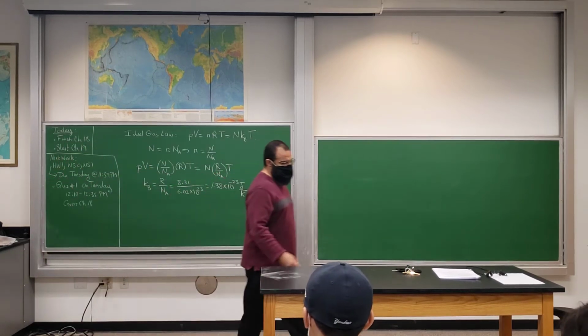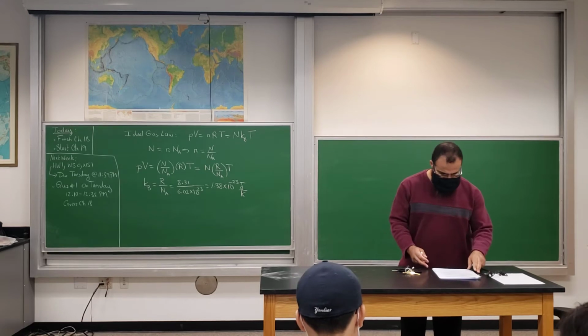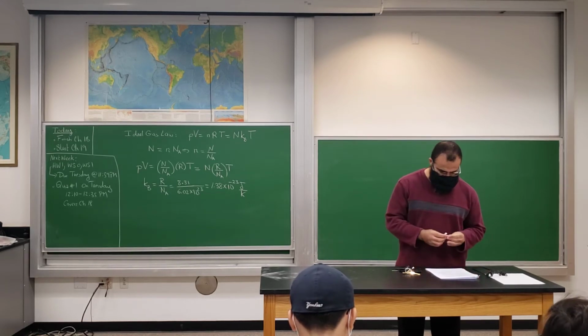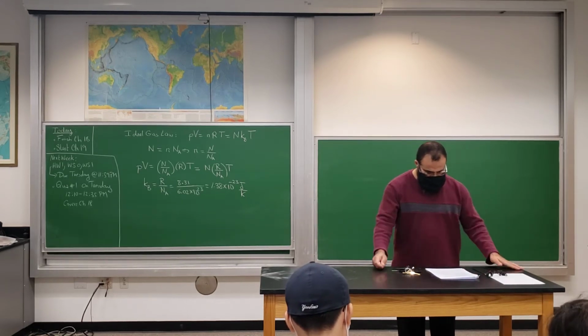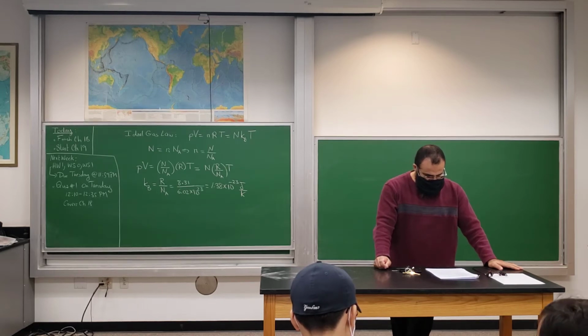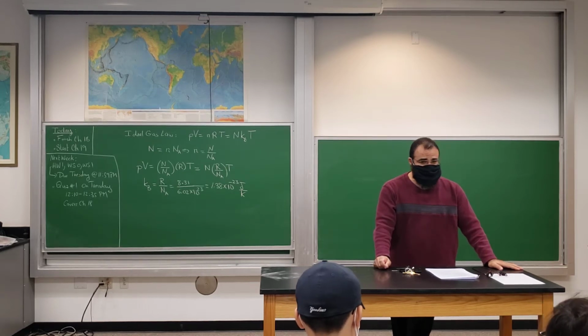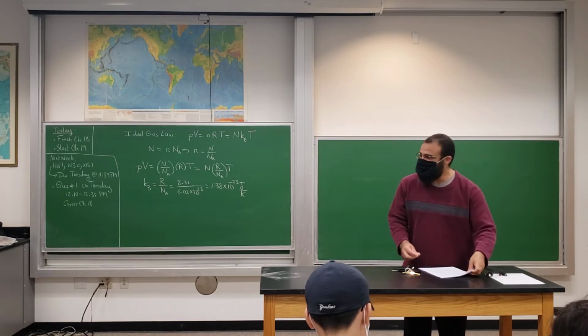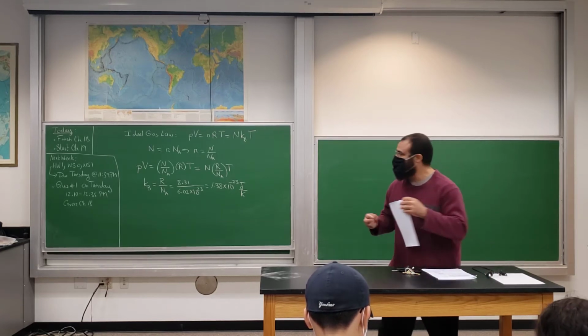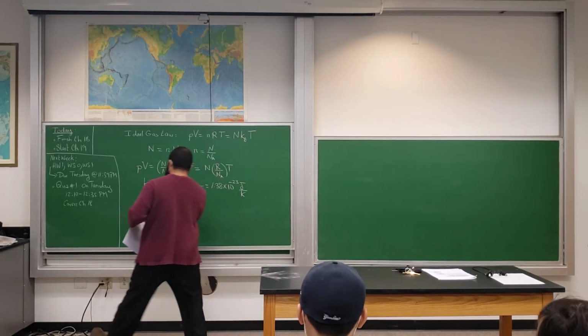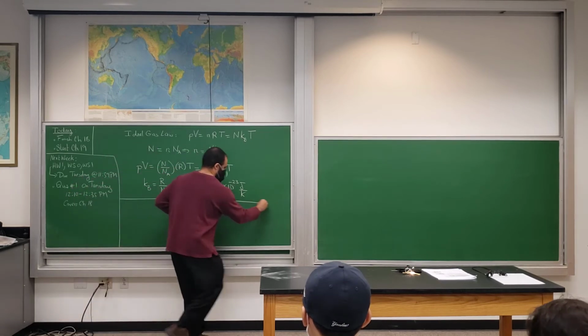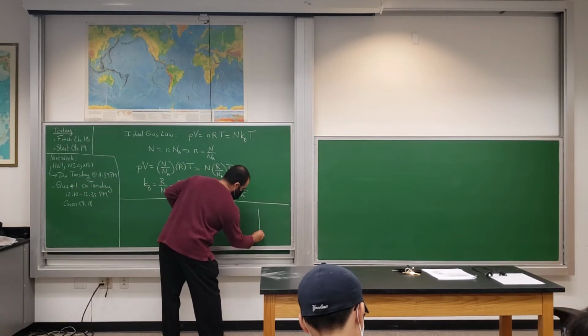So I think we did an example, and I want to do another one. It's from the book. You have a cylinder of gas at T equal to 0 degrees Celsius. Here is a gas.